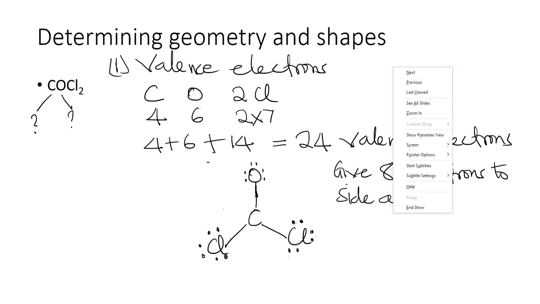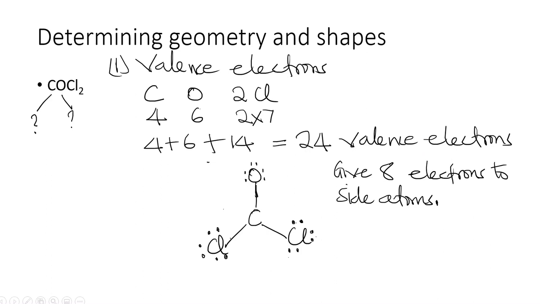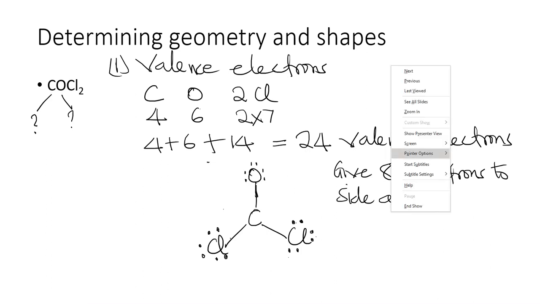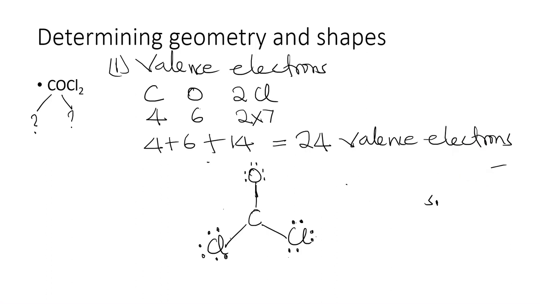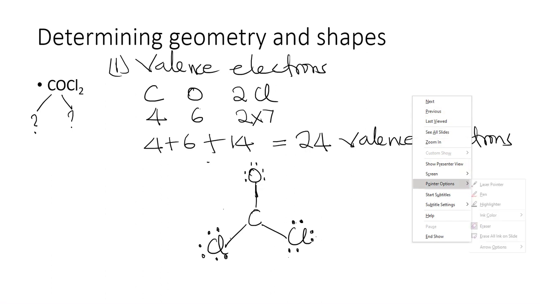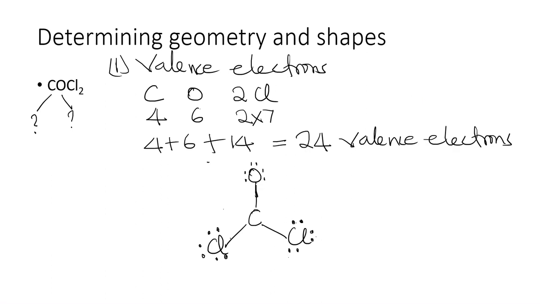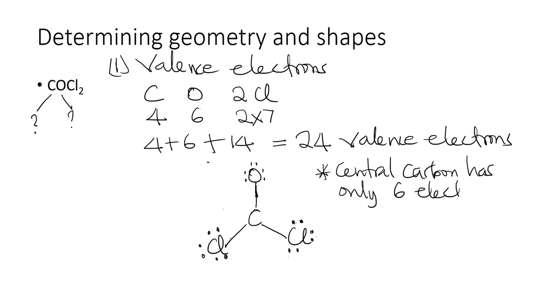So what do we do? Or why shouldn't we be happy? We shouldn't be happy because the central carbon has only 6 electrons surrounding it.